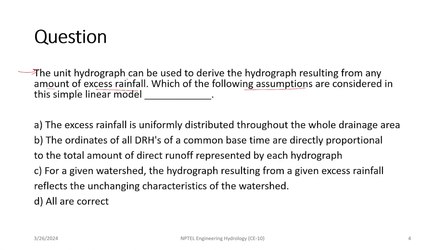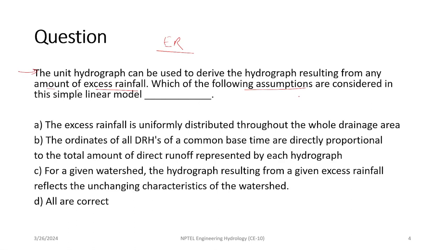Definitely we know that if we have the coordinates of the direct runoff hydrograph, as well as an idea of how much effective rainfall is there in a certain duration, we can directly derive the unit hydrograph. But in the previous session we already discussed that there are certain assumptions associated with the concept of unit hydrograph.